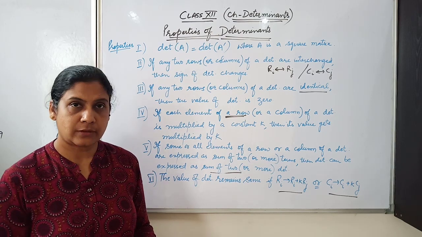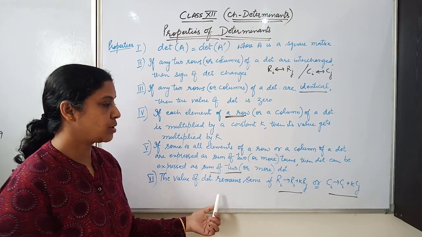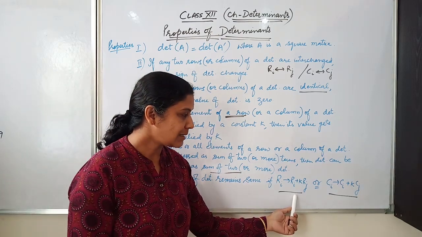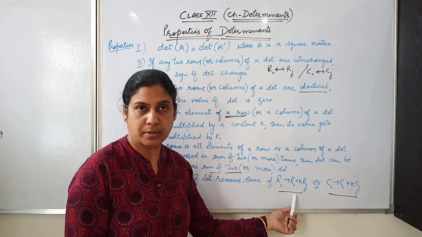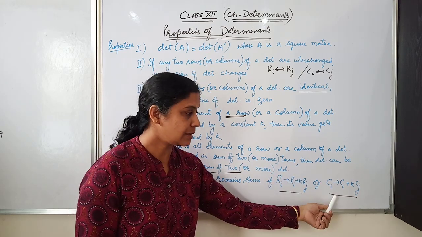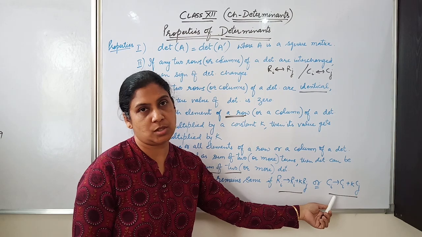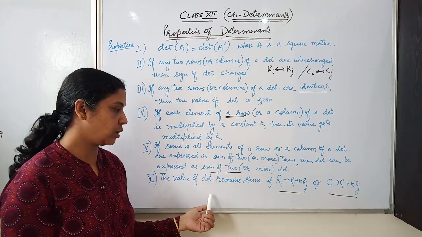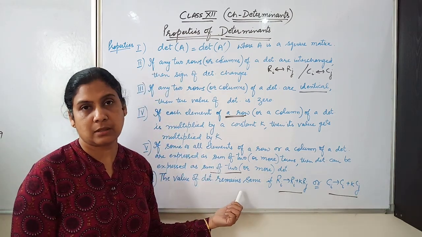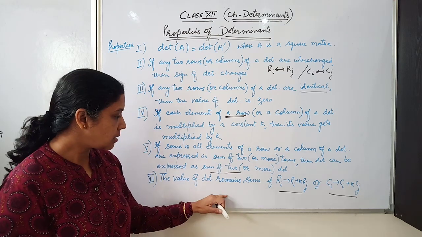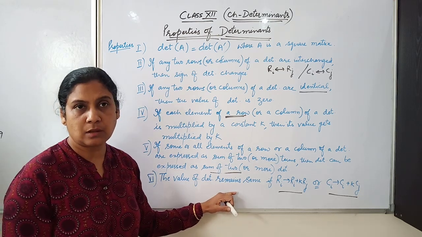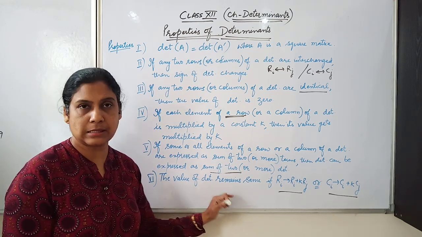But here it is quite relaxed. In the same question, in one step I can use row operations, and in the next step I can use column operations. So it is quite relaxed in case of determinants, and the determinant will remain the same. This, the sixth one, is the most widely used property of determinants.